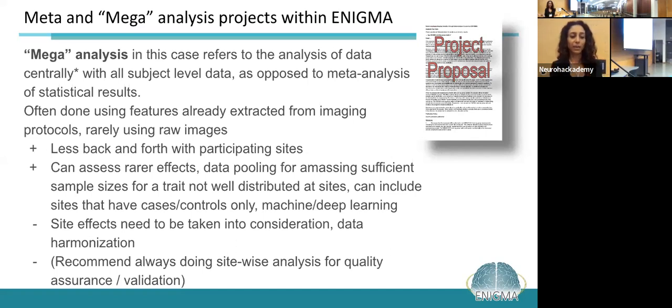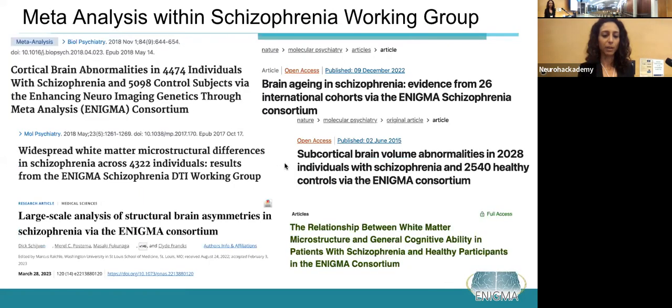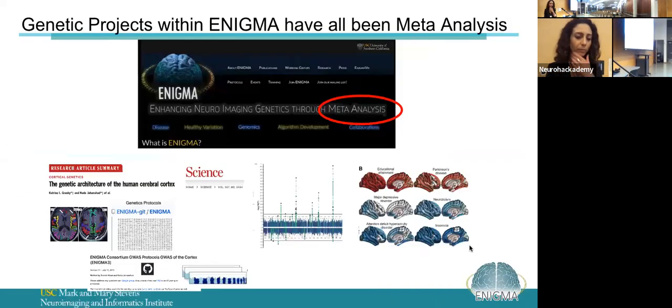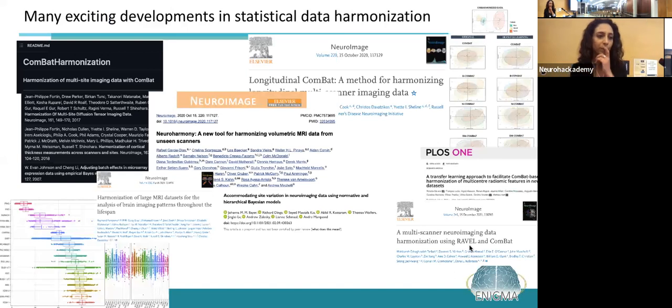And I always like to recommend, if someone is doing a mega-analysis, they still do the site-wise analyses, just to see if there are some outliers like we saw in this example right here. So there's a lot of exciting developments in statistical data harmonization, a lot in the ComBat family of harmonization.